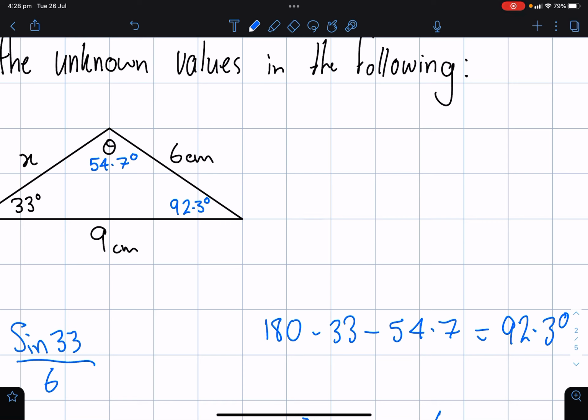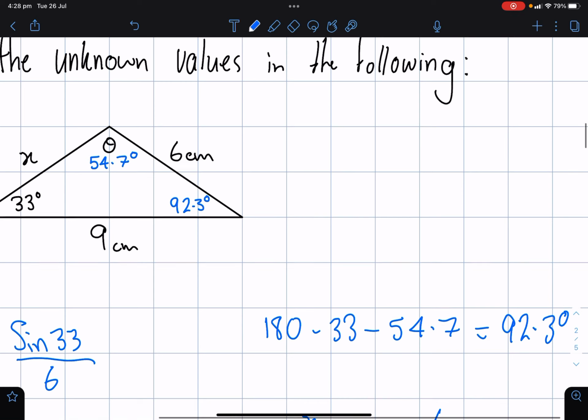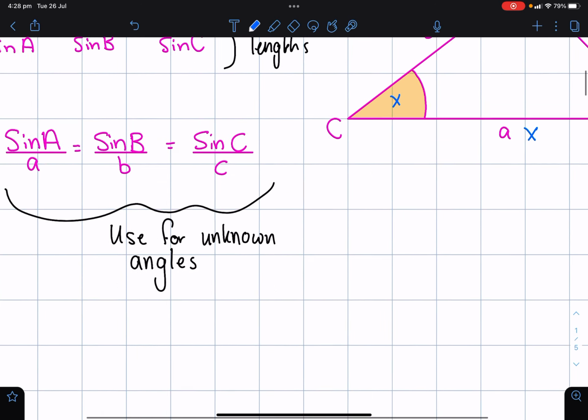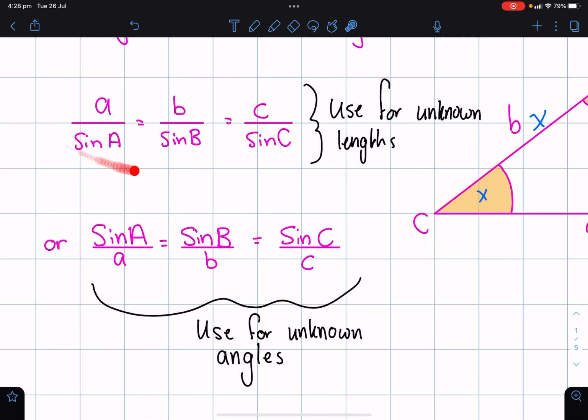That's a key property that we will use a fair bit in this topic. So make sure you keep that in mind, that the sum of all of the internal angles of a triangle is 180 degrees. Now that we have that angle, we can find x, but because we're finding a length, I'm going to use this version of the sine rule now, okay?